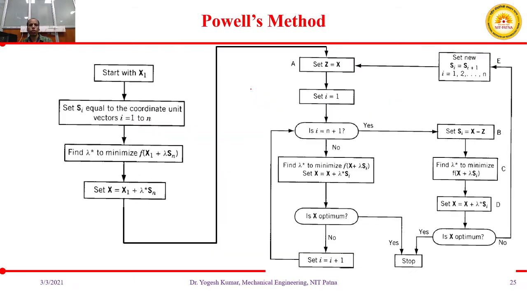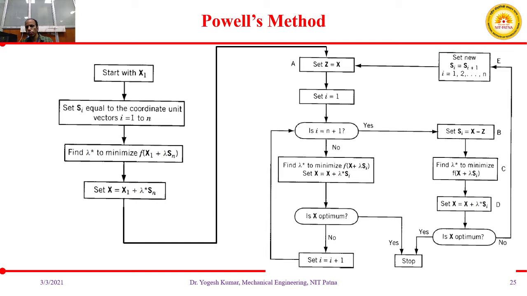search method. Since this method was a bit complex in terms of steps, I found a flow diagram to explain this method, which is known as Powell's method. As we know, in multivariable optimization problems, we have multiple variables to optimize.